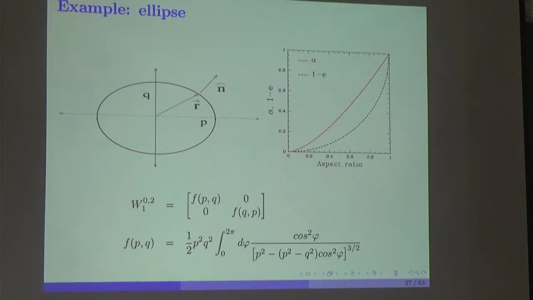There are many definitions. The one I am adopting for this picture is square root of 1 minus Q square by P square. So if it is a circle, it will be 0, and if it is very elongated, it will go towards 1. So I want the variable 1 minus E. For a circle, 1 minus E is 1, and for a very elongated ellipse, it goes to 0.